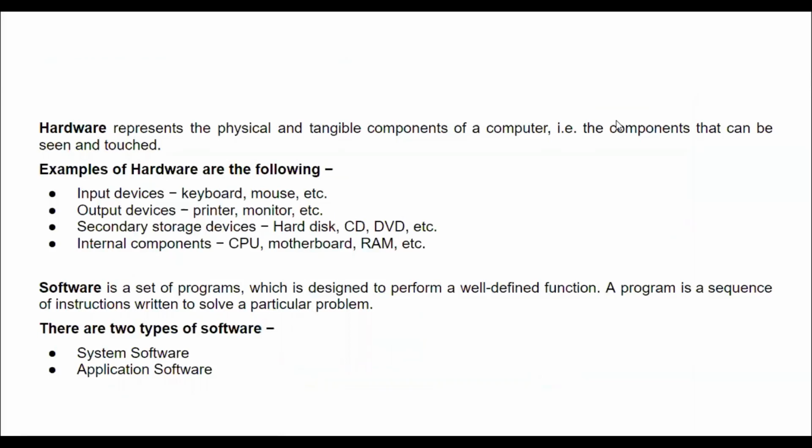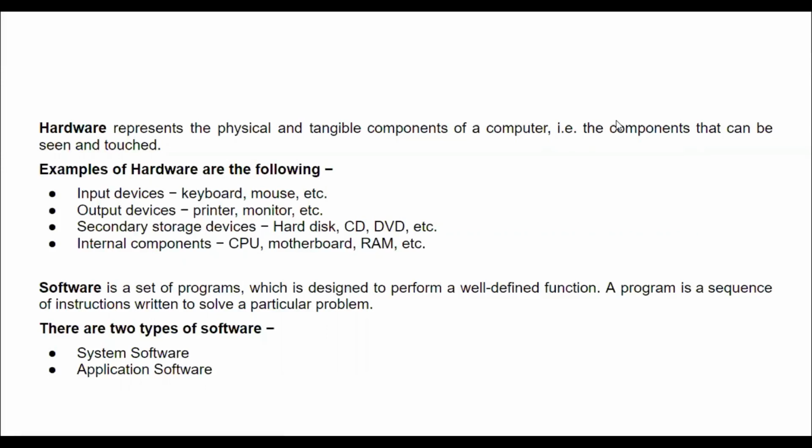The hardware represents the physical and tangible components of a computer, the components that can be seen and touched. Simply, computer hardware is the physical components that a computer system requires to function.